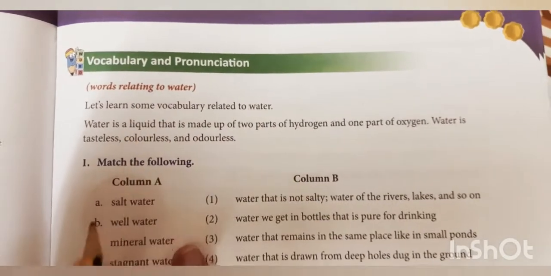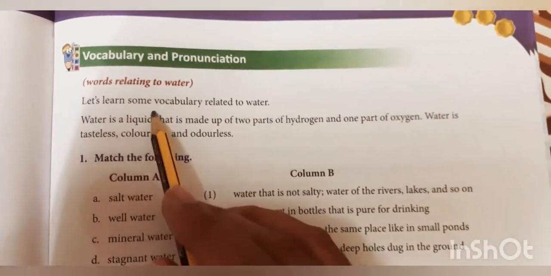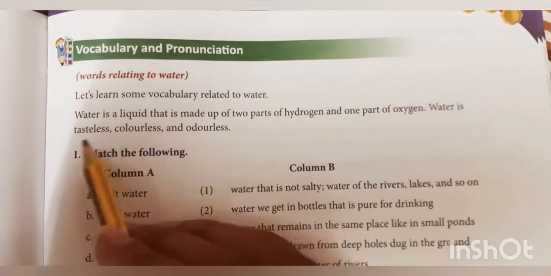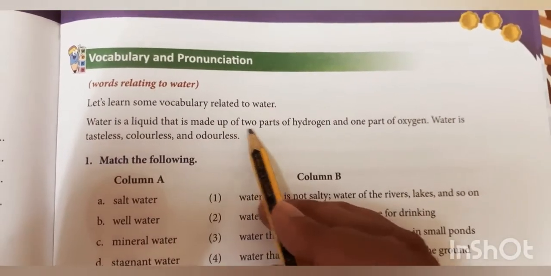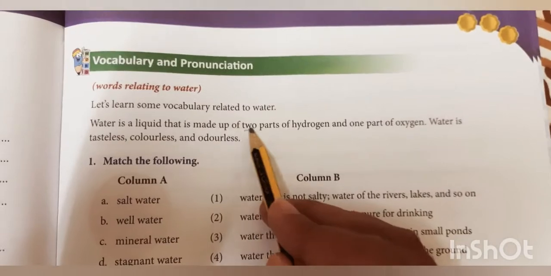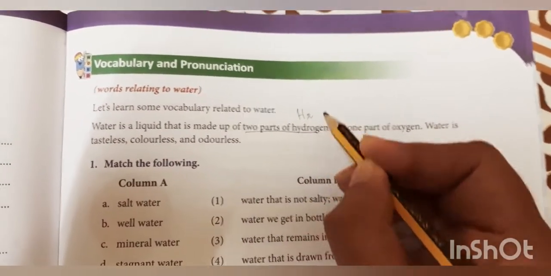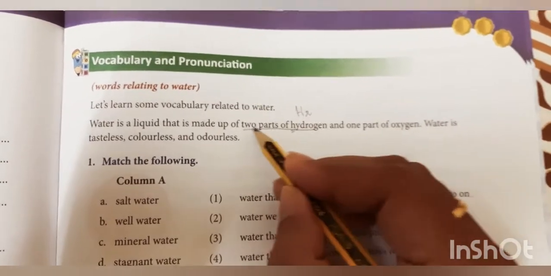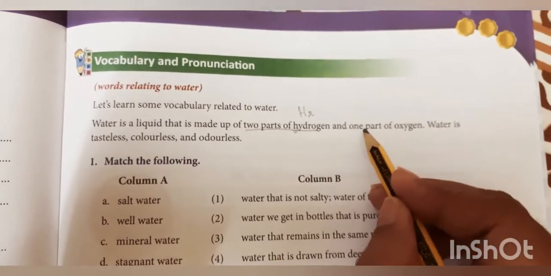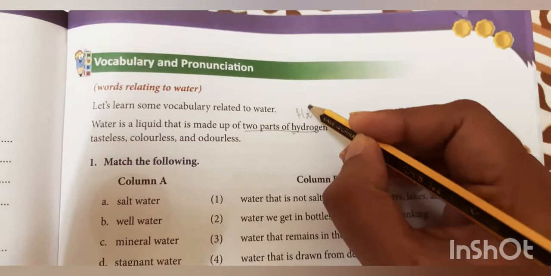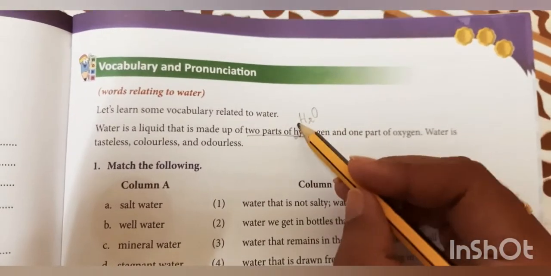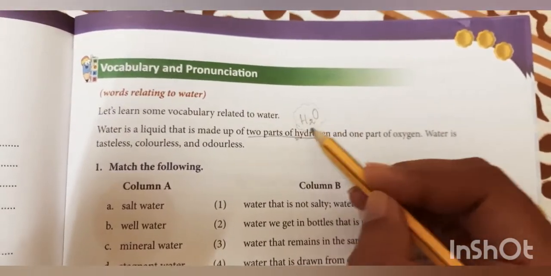First, this is vocabulary. Let's learn some vocabulary related to water. Water is a liquid that is made up of two parts of hydrogen, which means H2, and one part of oxygen, which means O. So this is H2O.